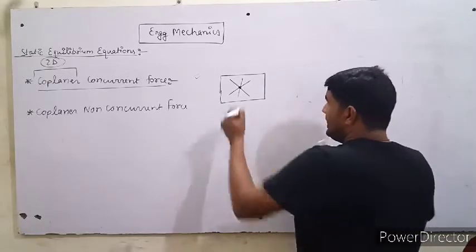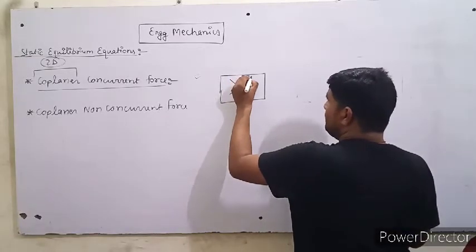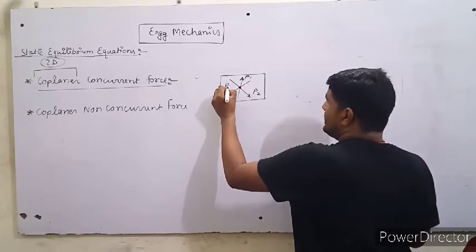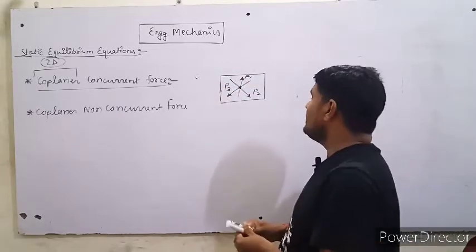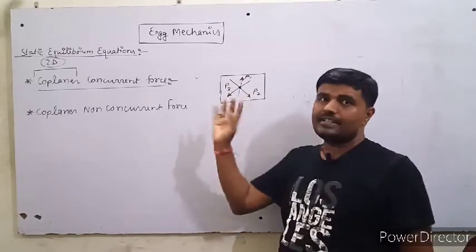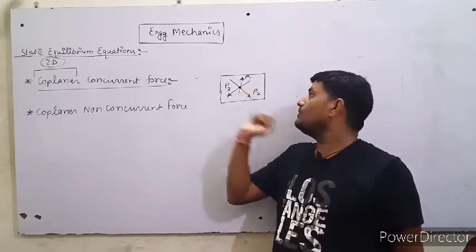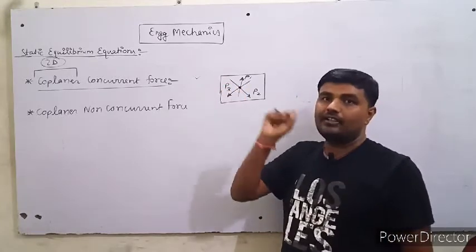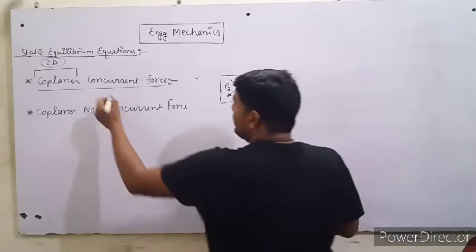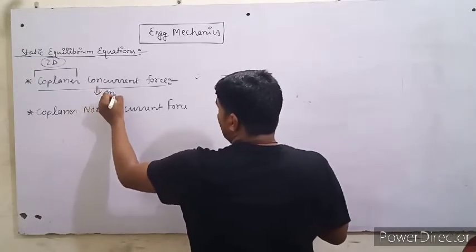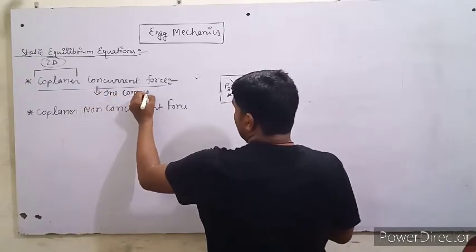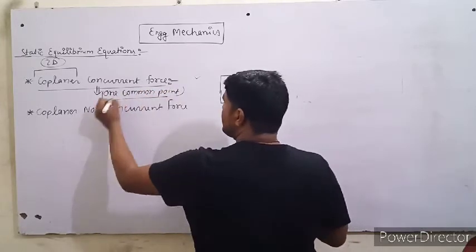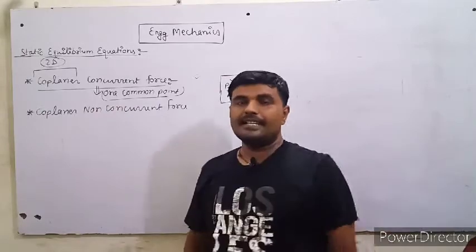Suppose this is a force P1, this is force P2 and this is force P3. Here in a plane how many forces are acting? Three forces, P1, P2 and P3, and all the forces are passing through one common point. Here concurrent means one common point, means line of action of all the forces will pass through a single point.